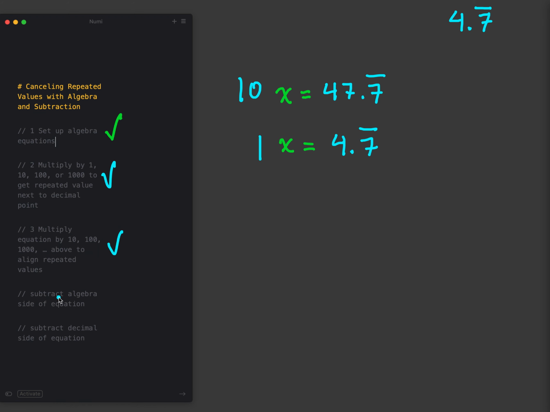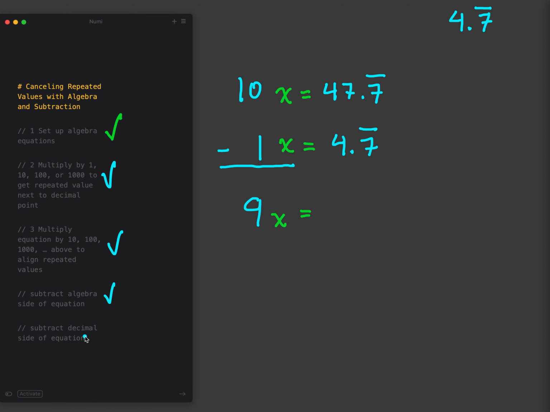And then finally it says subtract the algebra side of the equation. So if I do 10x minus 1x, so if I do a subtraction here, 10x minus 1x, that's going to give me 9x equals, and we've subtracted the algebra side of the equation.